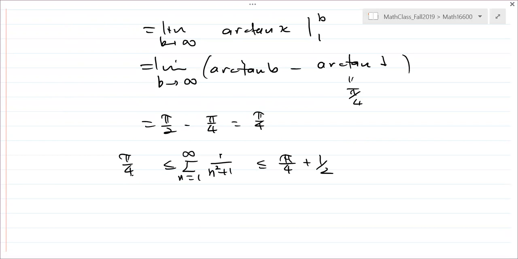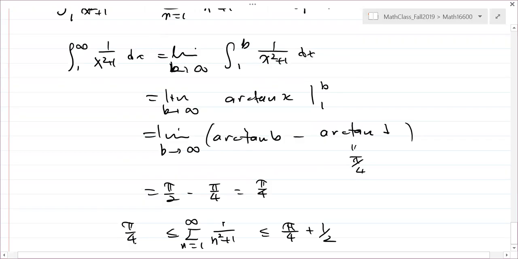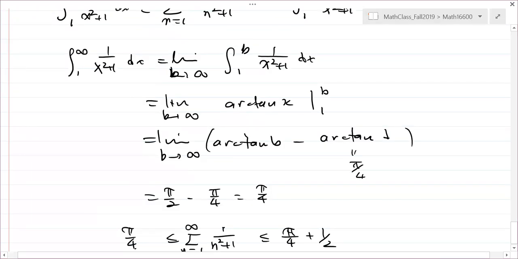But we know that this one is between those two numbers, and sometimes we do need to estimate the value of the series. And we're lucky we can evaluate the integral of 1 over x squared plus 1. In some cases you cannot.